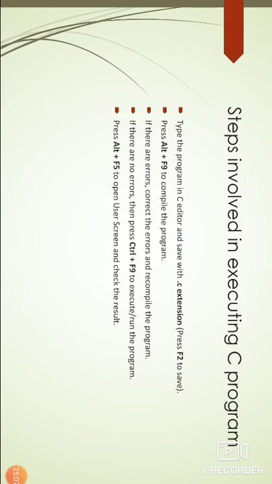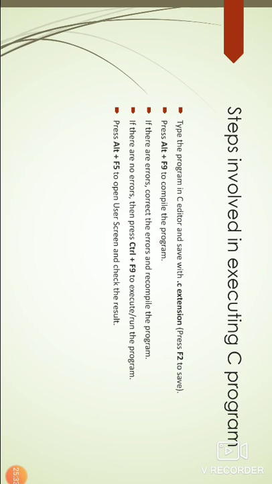Next, after saving the file, we have to compile the program to check the errors. For this we press Alt plus F9. If there are errors, it will show the errors with line numbers.